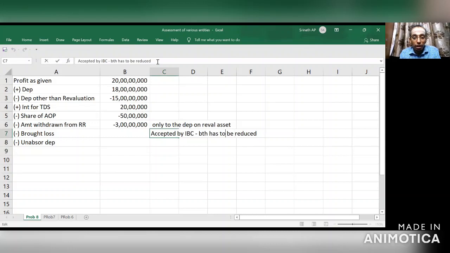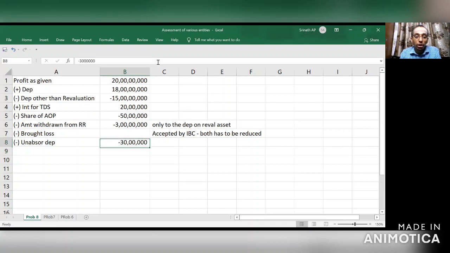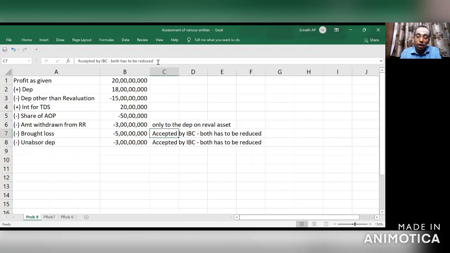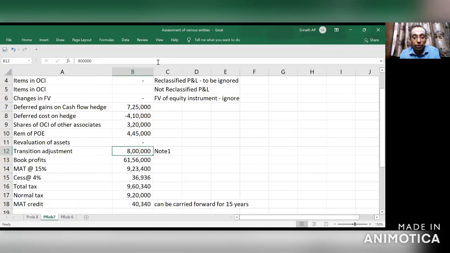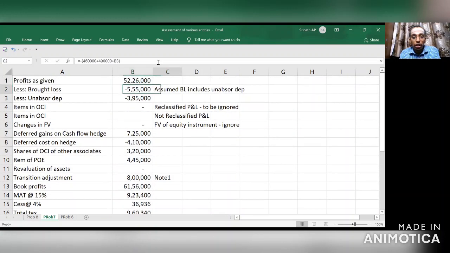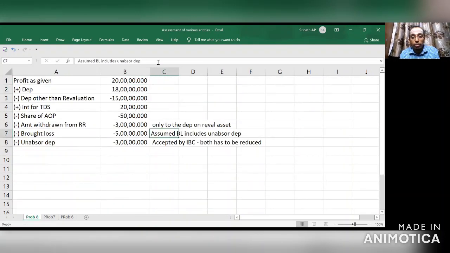So first, you will have 3 crores as unabsorbed depreciation. 8 minus 3, 5 crores as business loss. Assume the business loss includes unabsorbed depreciation.